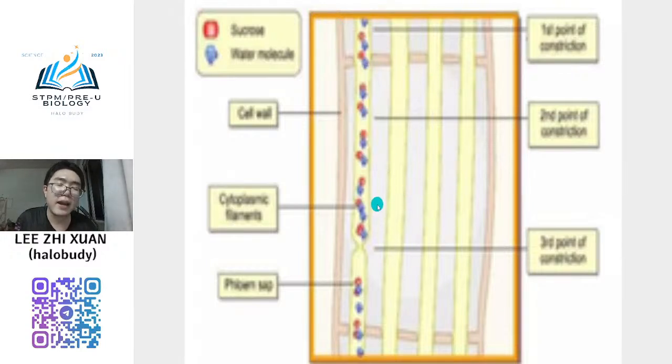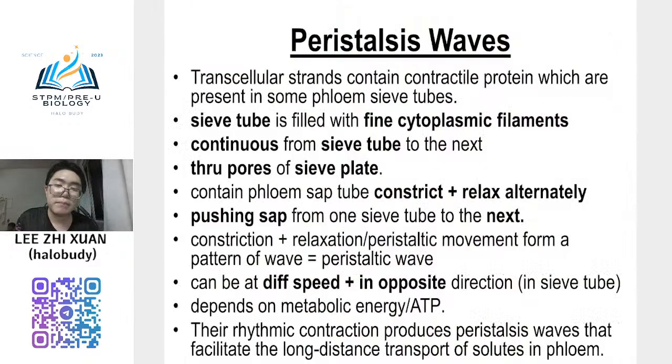But for peristaltic wave, the phloem sap is transported between the cytoplasmic filaments. Between these cytoplasmic filaments, there will be contraction and relaxation. The cytoplasmic filaments can constrict and relax like human muscle. This will push the phloem sap from one sieve tube to another sieve tube.